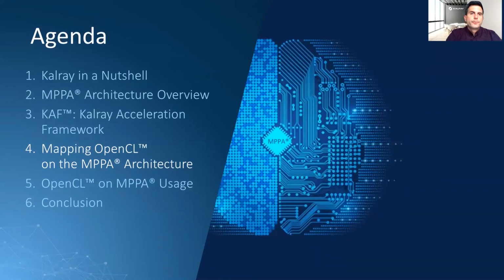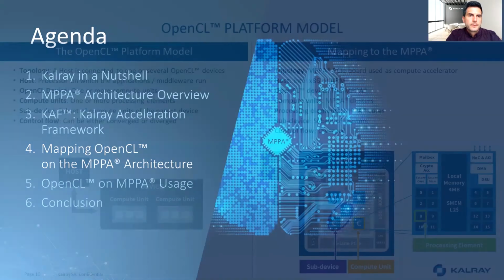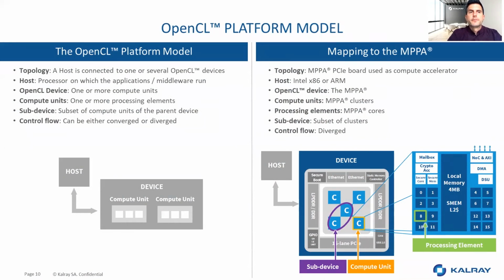Let's now go to the details of how the OpenCL model is mapped on the MPPA architecture. You will see that it fits pretty well. In OpenCL, the platform model describes a host, which is the processor on which the middleware runs, and an OpenCL device, which is the device on which the host offloads some computing using OpenCL.